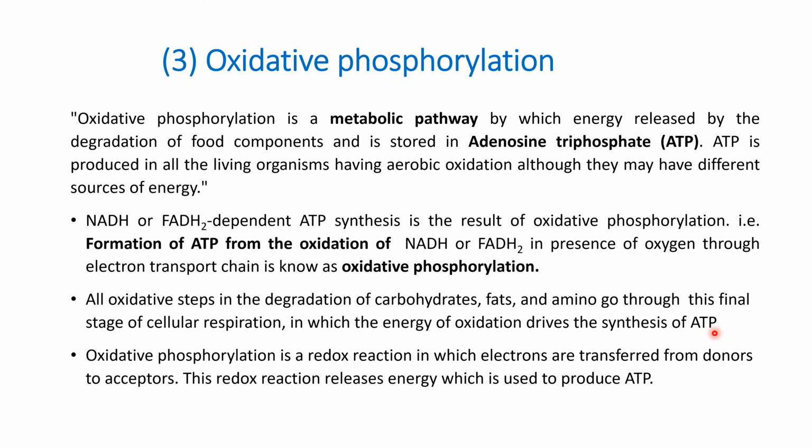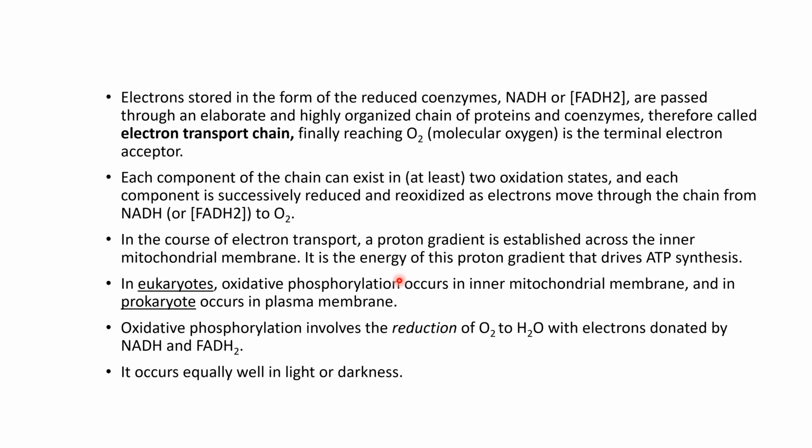This redox reaction releases energy, which is used to produce ATP, because ATP synthesis is basically an endergonic reaction. Now we will see electrons stored in the form of the reduced coenzymes NADH or FADH2 are passed through an elaborate and highly organized chain of proteins and coenzymes, therefore called electron transport chain carriers, or simply the electron transport chain, or the carrier proteins.